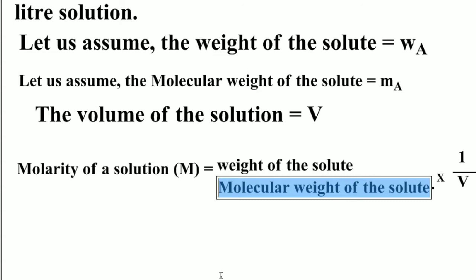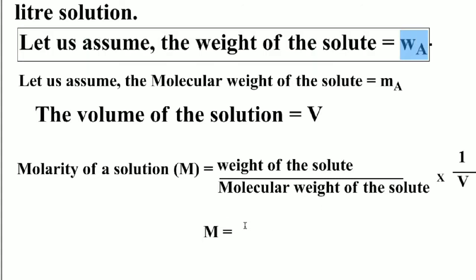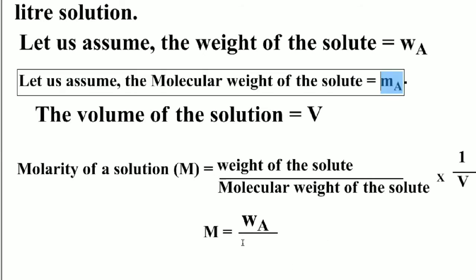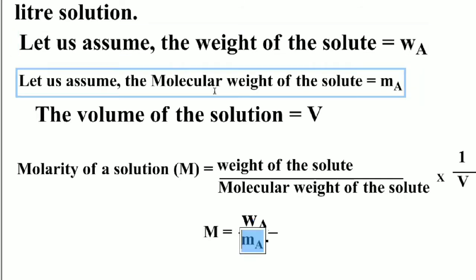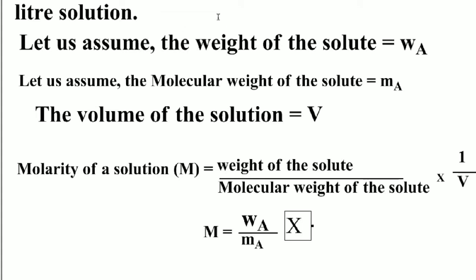It can be written like this: the weight of the solute is denoted WA, and the molecular mass of the solute is MA. Therefore molarity is equal to WA by MA into 1000 by V, or 1 by V if you take the volume of the solution in liters.